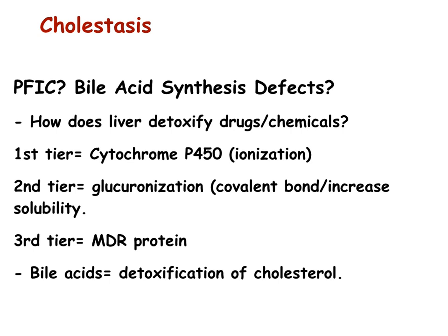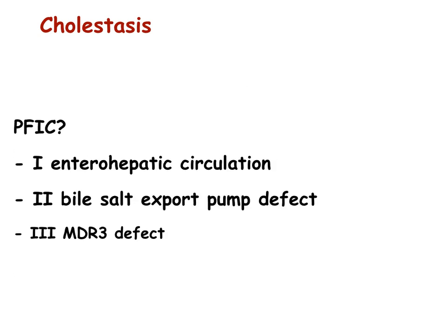The third tier is containing this detoxified material, which is not ionizable, into the multiple drug resistance protein. Please note that bile acids are the detoxification products of cholesterol. Children with PFIC or progressive familial intrahepatic cholestasis, we have three types.